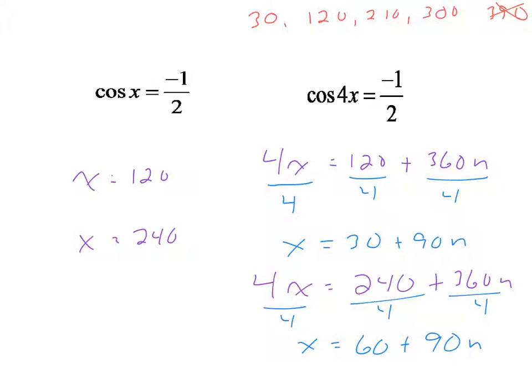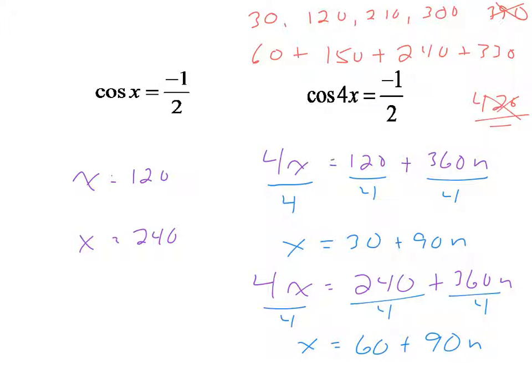Okay, and now I also have down here at the bottom, I have 60 plus 90 is 150, plus 90 is 240, plus 90 again is 330. If I add 90 again, I'd be at 420, and once again, too far, get rid of it.